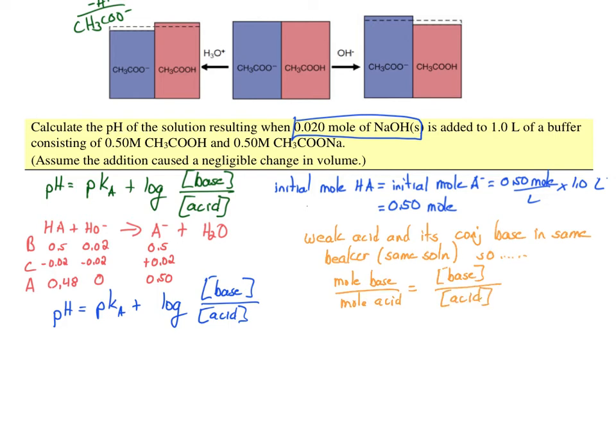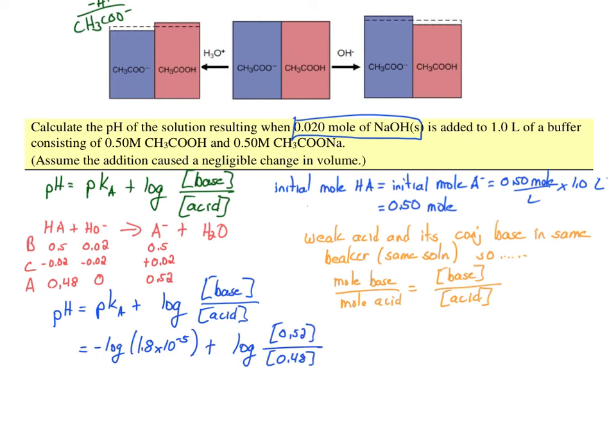So we do not need to do a separate calculation where we determine the actual concentration of the base and the acid. Here they're just in 1 liter, so it's easy, but there will be other situations where it is not. Keep this in mind. It's going to save you time in a lot of problems. Because these substances are both in the same solution, the ratio of their moles is the same as the ratio of their concentrations.